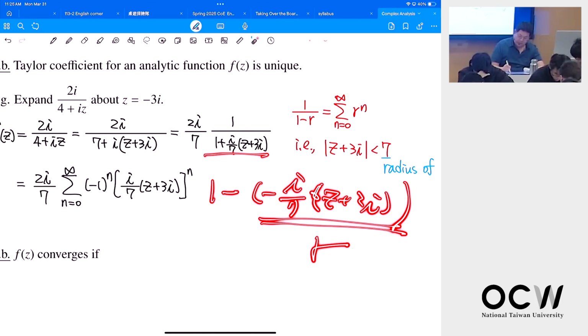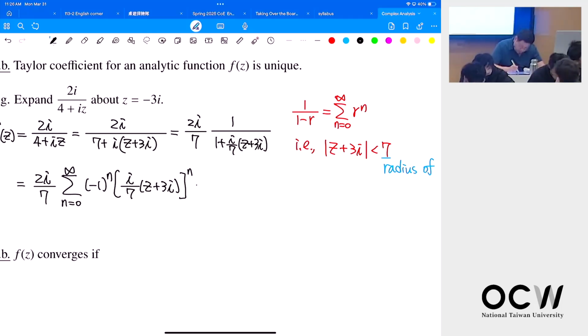For this ratio, you take the ratio to the n, so that's why we have minus 1 to the n, and also the rest part to the n. Okay? Then you have a summation n from 0 to infinity of 2 times minus 1 to the n, i to the n plus 1, divided by 7 to the n plus 1, times (z plus 3i) to the n.